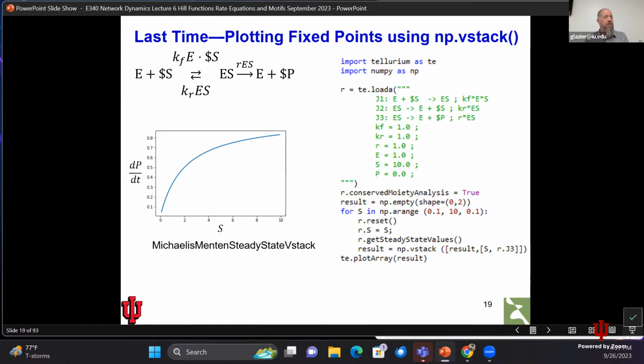The answer is that if you put a $ sign in front of any variable, it locks its value. It doesn't matter where it is, and you only need to do it once. So the fact that I have a $ sign in front of S twice is redundant. It doesn't throw an error, but if it's got a $ sign once anywhere, it will lock that value. It will freeze that value.